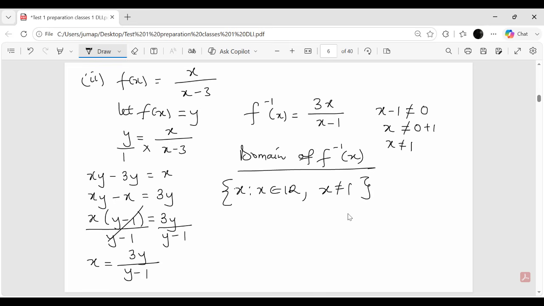So any number, as long as it is a real number, can work in this function, except when it is equal to 1. Then the function is invalid. Clear?